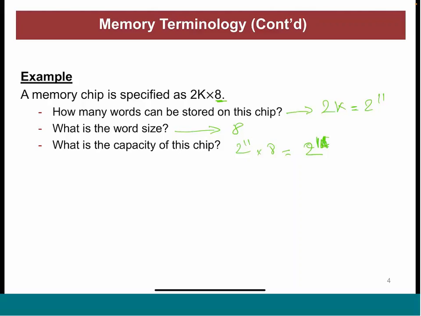So 2 power 11 times 2 power 3 is equal to 2 power 14. So this is the capacity. Of course, this is in bits. If I want to specify it in bytes, it's basically 2 power 11 bytes, which is fine. Both are correct. It's 2 power 11 bytes or 2 power 14 bits. Is this clear?